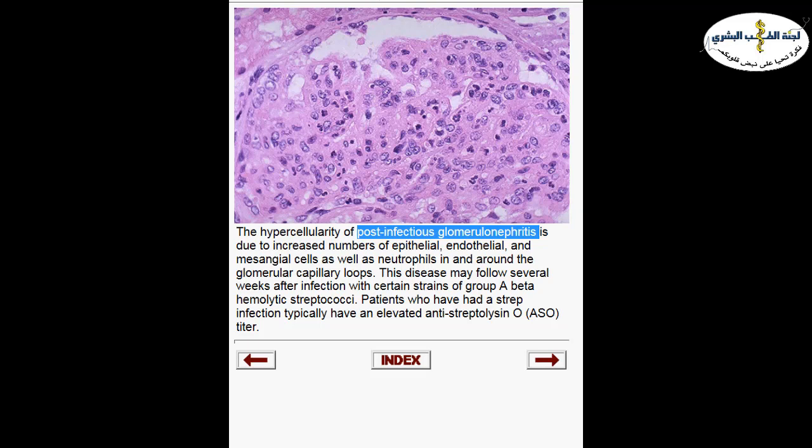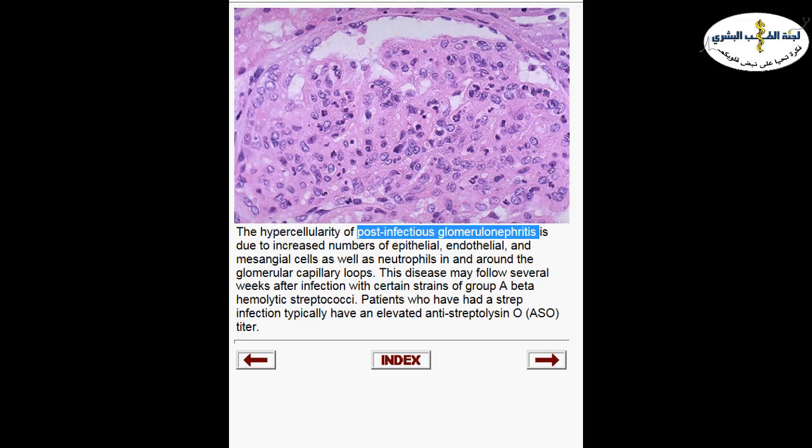Now, why do we call it post-infectious? Because the patient usually had a history of upper respiratory tract infection with a specific group of streptococcus, group A beta hemolytic streptococcal infection, mainly of the pharynx. And after at least 3 to 5 weeks, they present with hematuria and hypertension.